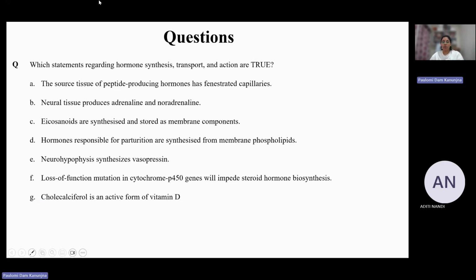So you're basically supposed to look into the statements, and it's related to the synthesis and the transport, and give the true statements.